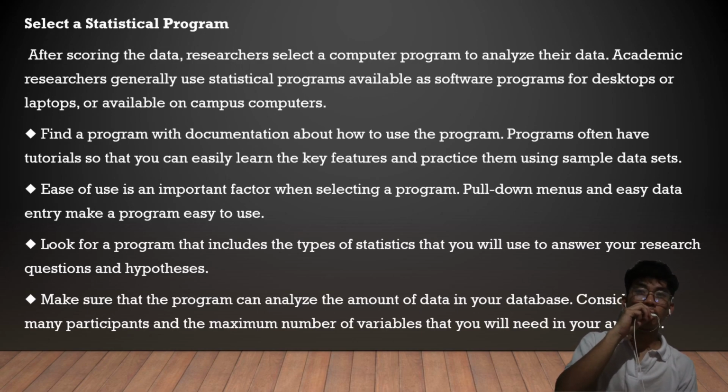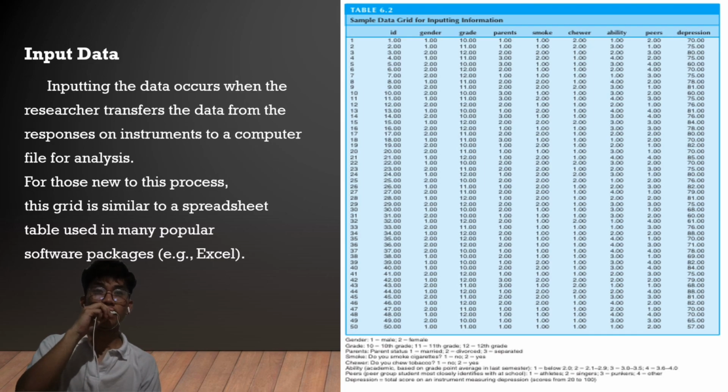So after choosing a statistical program, your next step is to enter the data from your instruments or checklist into the computer program. Input data. So inputting data occurs when the researchers transfer the data from the responses on instruments to a computer file for analysis.